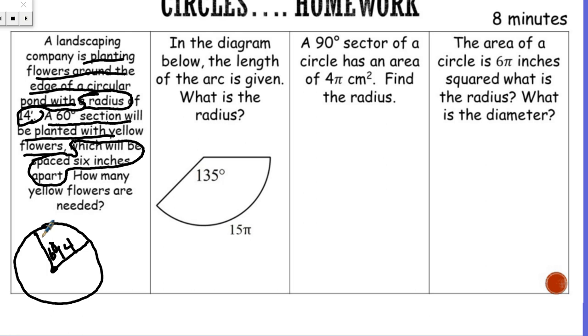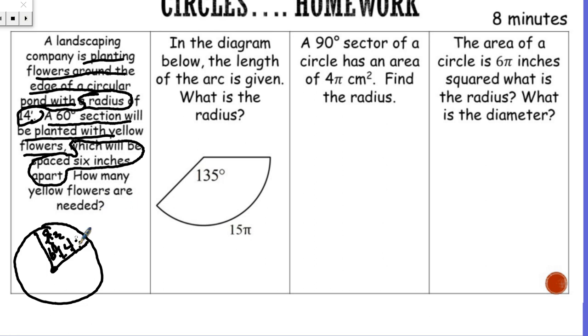So that means, inside of here, I'm going to put yellow flowers. Oh wow, we're putting flowers inside the pond. Okay, so the yellow flowers are going inside this pond, and it says which will be spaced 6 inches apart. So how many flowers are needed?